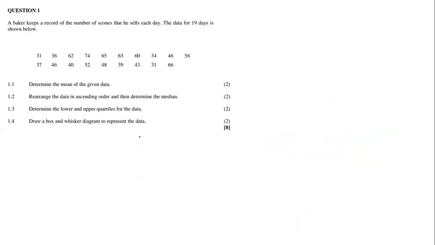1.3. Now 1.4 says to us, draw a box and whisker diagram to represent the data. So when you draw a box and whisker diagram, let's open up our timeline. Now, this is our timeline. On our timeline, you start from where?